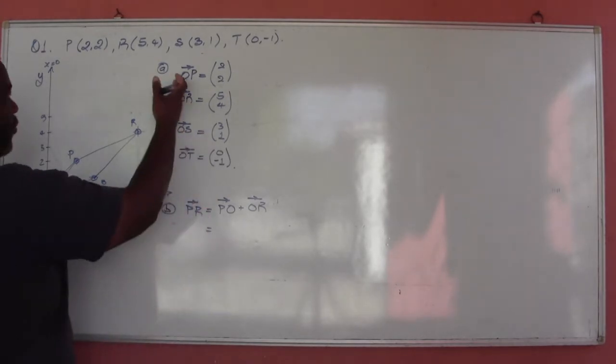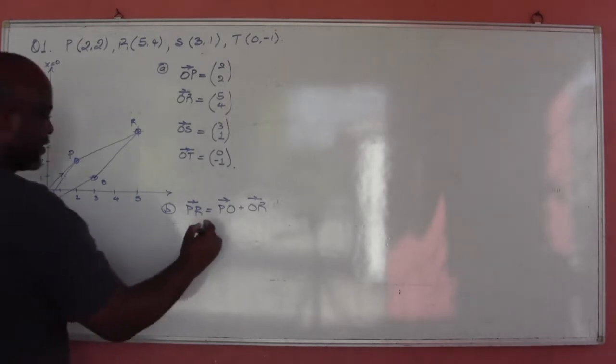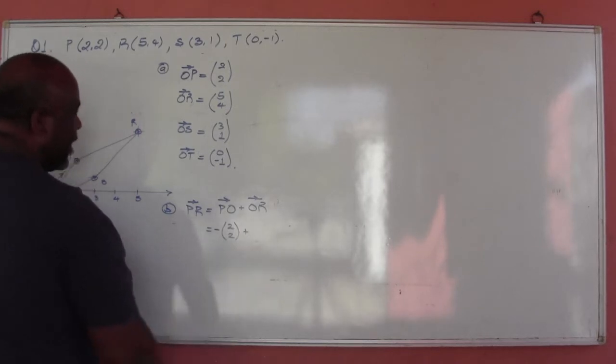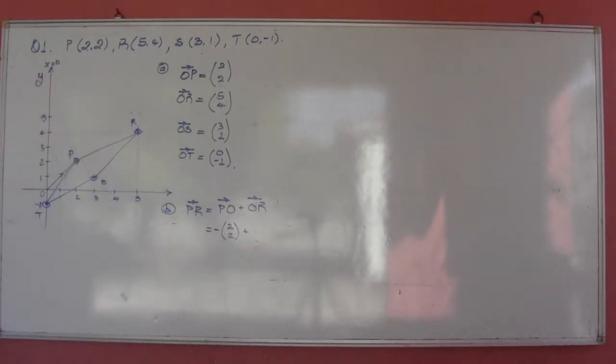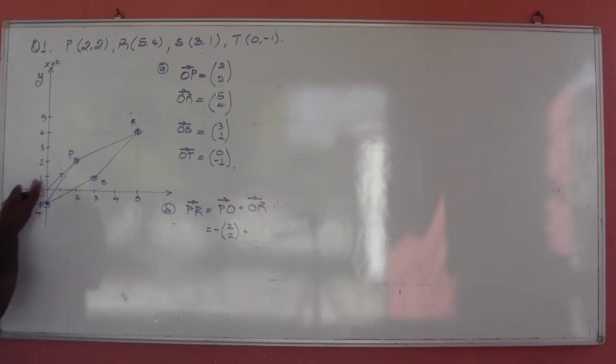Now, if OP is the vector 2, 2, PO would be the vector minus 2, minus 2. The minus just indicates that you're going in the opposite direction. OP would be going that way, and PO would be going in the opposite direction. So if going from O to P is 2, 2, going from P to O is minus 2, minus 2.